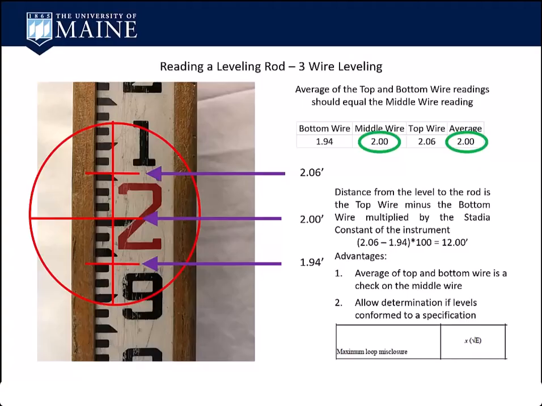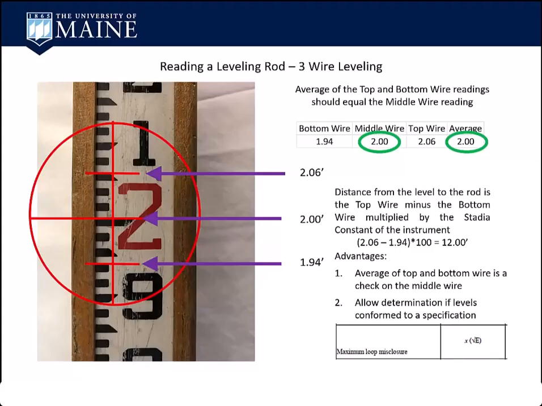3-wire levels have a lot of advantages. If you're running levels that have to conform to a specification, you need to know the distances, the backsight and foresight distances. So when you do 3-wire leveling, you record the bottom, middle, and top wire, and you average the top and bottom wire, and it should match the middle wire.